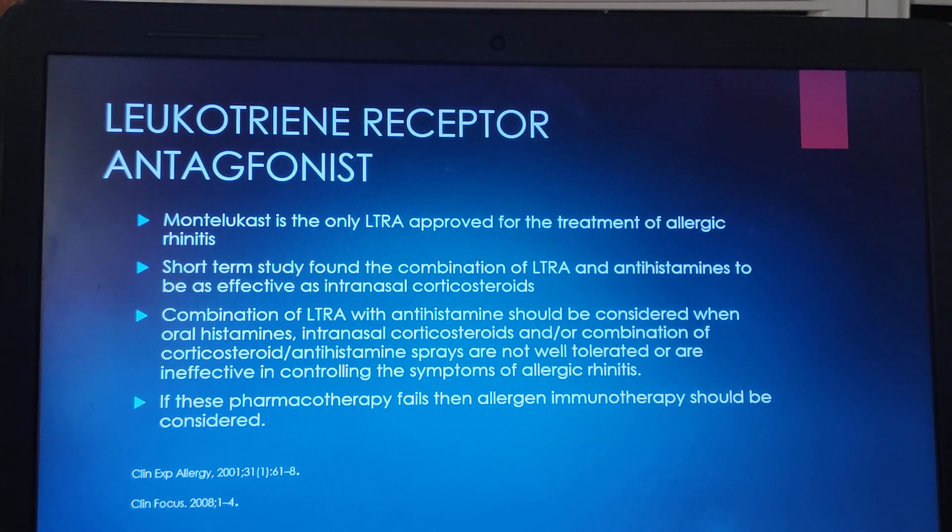So there is no other drug in this class. Studies have found that the combination of a leukotriene receptor antagonist and antihistamines could be as effective as intranasal corticosteroids. So they can be used again if the patient does not respond to a single anti-allergic drug.